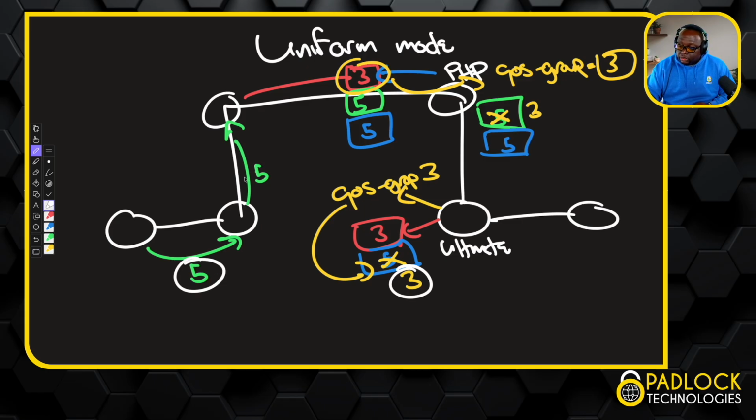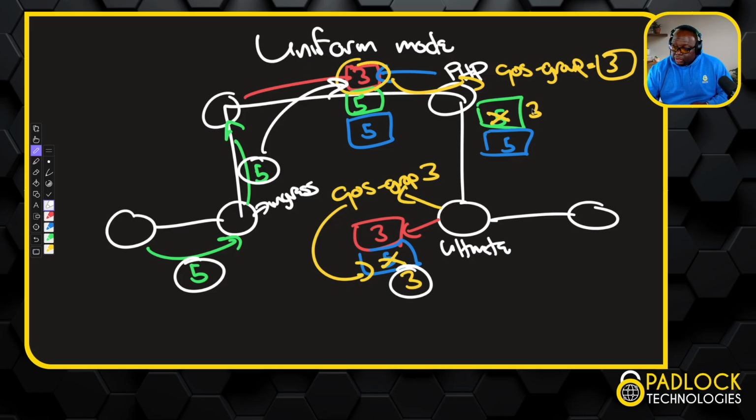Because you're using the service provider marking, and this is the ingress. Let me put that in there. The service provider marking made it a 5, and then it got changed to a 3 somewhere in the service provider network. And then you want to make your final outbound policy based on the 3 and not the 5 that's ultimately in the IP packet, right?